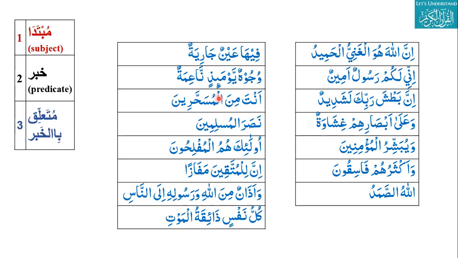Let's go through some examples and find out in a sentence what is what. So brother Arshad, inna allaha huwa al-ghaniyyul hamid. Can you figure out what is mubtada, what is khabar or muta'alliq bil khabar in it?